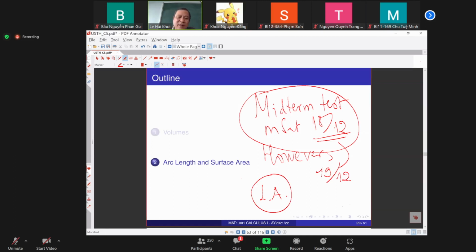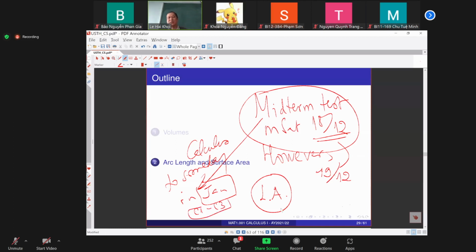That's why we move our calculus midterm to some day in January, not in December. And then we will restrict the content to some chapters. Maybe I keep the same chapter 1 and chapter 3 for this midterm in January. Okay, so such the things.